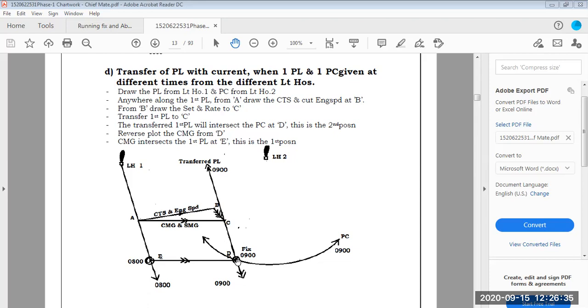From the 0900 fix, if we transfer the course made good backwards, we will get the 0800 PL. So this is our running fix with one position circle and one position line. Same similar concept, nothing different.